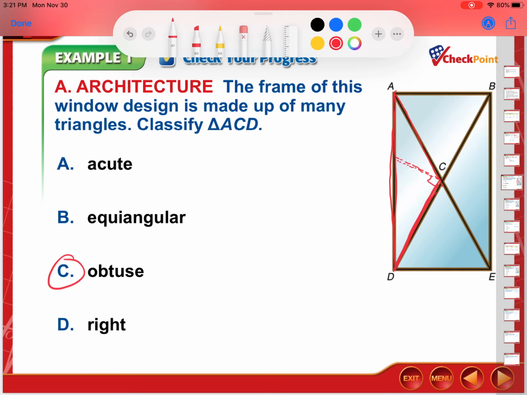In the Zoom, we'll talk more about my anger towards this section, and more so the textbook in general, in that they like to play that game where they try to trick you all with like, oh, it looks like a right angle, but it's not labeled a right angle.